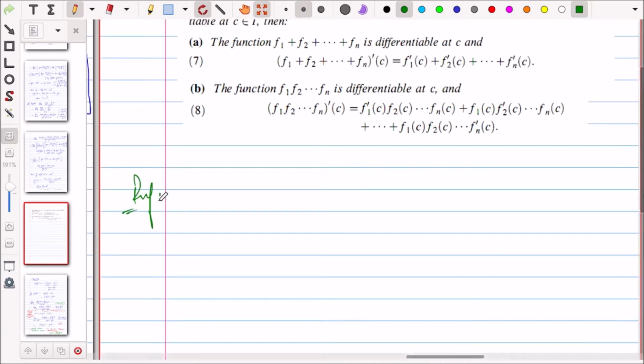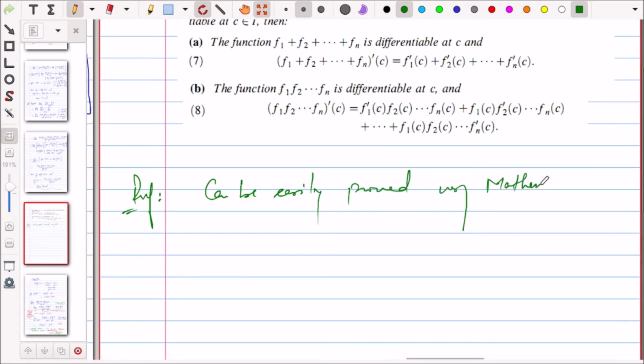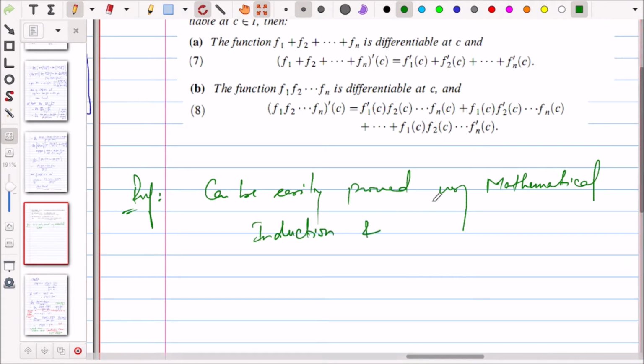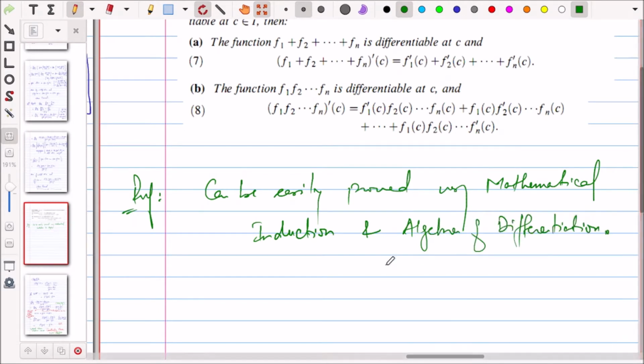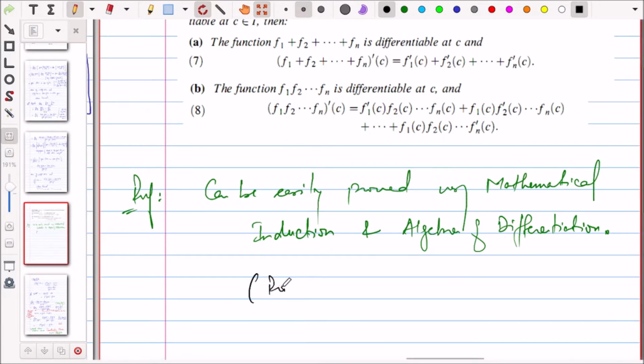So proof can be easily proved using mathematical induction and algebra of differentiation. ठीक है. So prove it yourself. We are not going to write its proof, but they may ask you in the exam क्योंकि इसका proof book में भी नहीं दिया हुआ है. So they might ask you to prove this instead of asking to prove this algebra of differentiation. They might ask you to prove this. ठीक है.